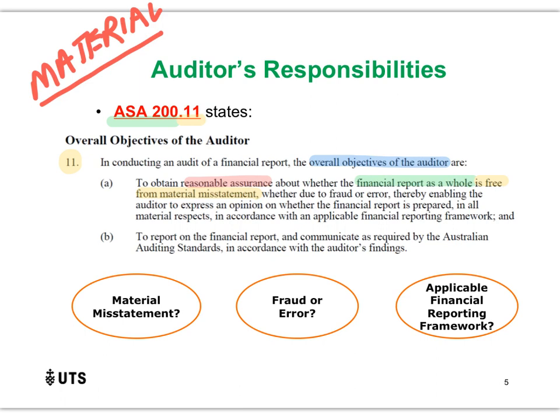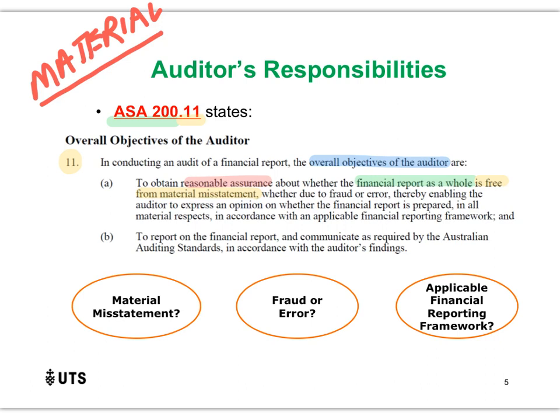Rather, what we would look at in order to reach that conclusion of the financial report is not true and fair is we look for material misstatements, significant issues that would impact on the user's decision making. So material is the key concept there. Now, I just want to highlight one more thing.